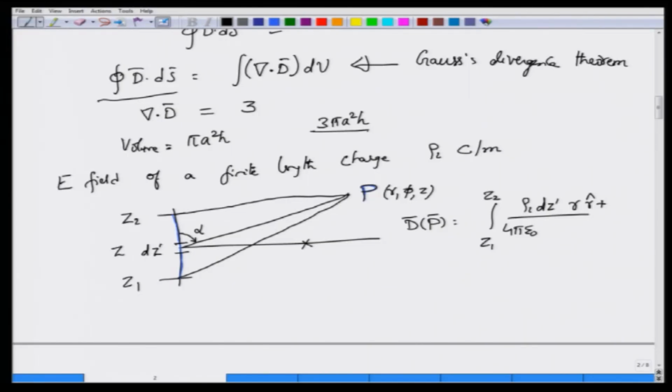So, this would be z minus z prime along the z axis, divided by the magnitude of this vector. So, you are going to get r square plus z minus z prime square to the power 3 by 2. I hope that you will remember this from your Coulomb's law. Sorry, there is no epsilon here because I was looking for Coulomb's law. So, this D is actually epsilon E. So, you can actually relate the two as we have said.